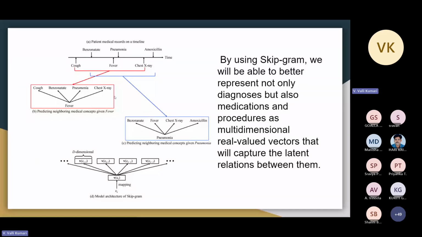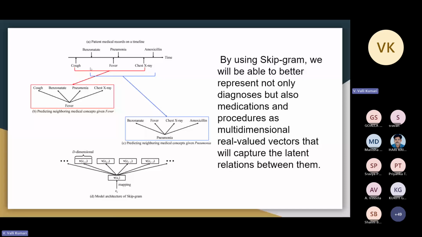Now, coming back to the same data, if you have cough, fever, chest X-ray, and you start with fever, you can take a window, one on either side.